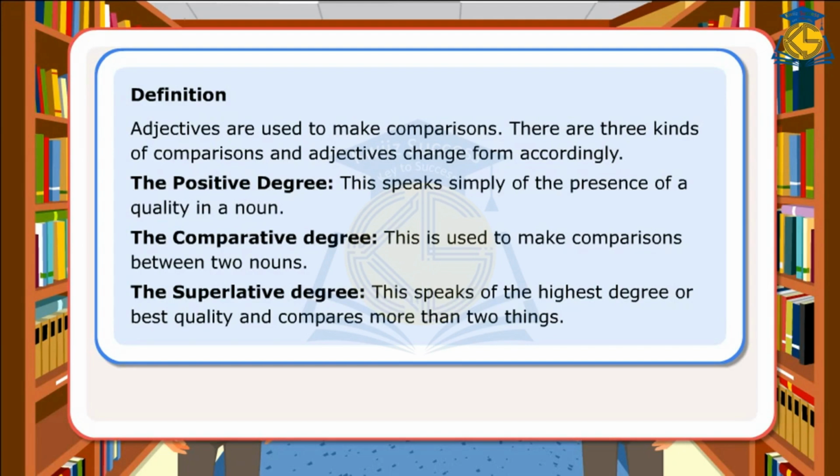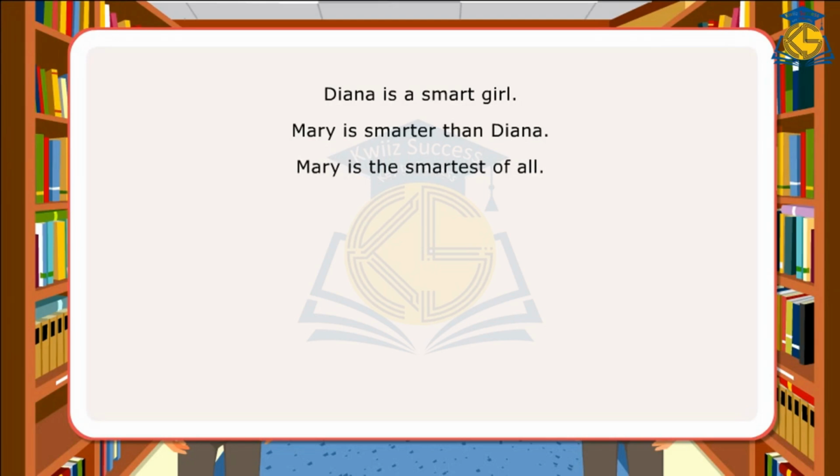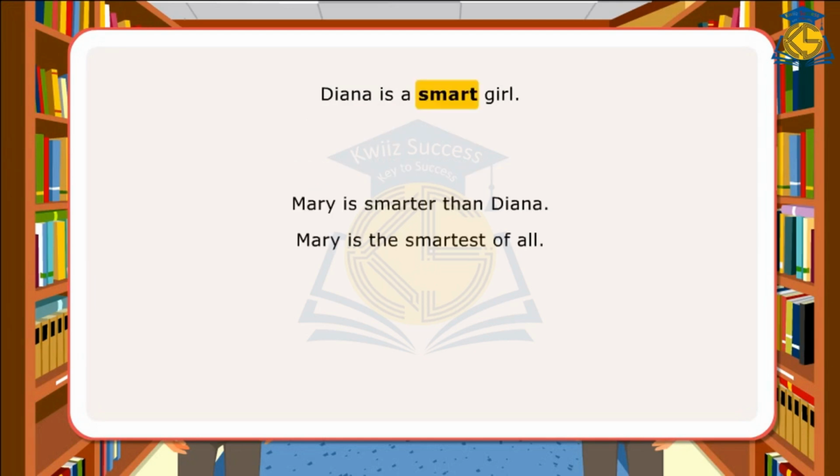Let us look at a few sentences. Dinah is a smart girl. Mary is smarter than Dinah. Mary is the smartest of all. In the first sentence, smart is the positive degree since it refers only to the presence of the quality of being smart.